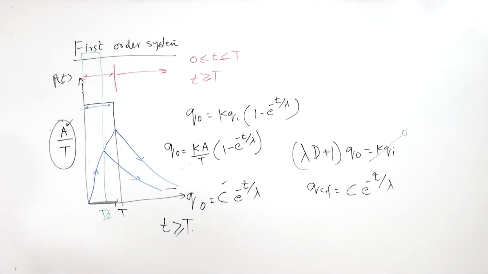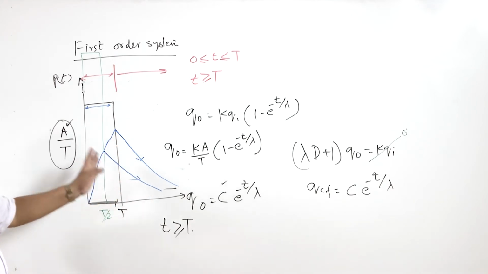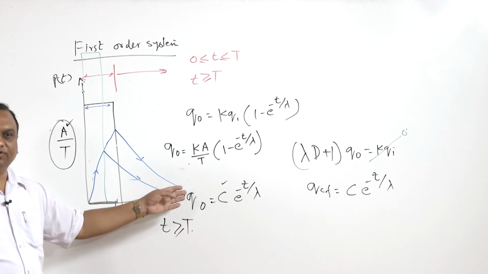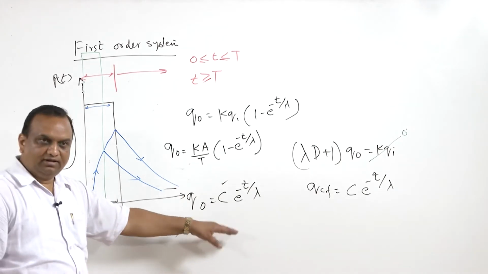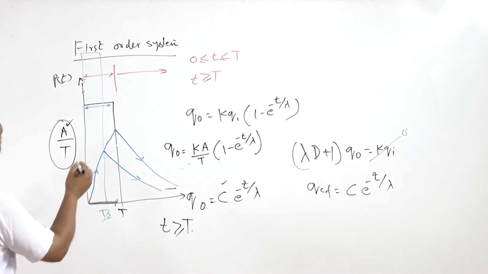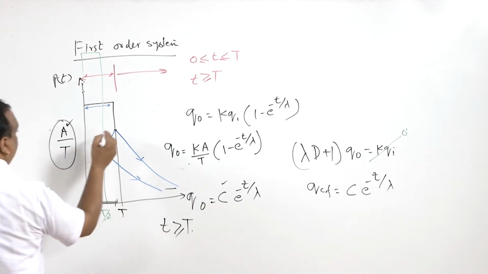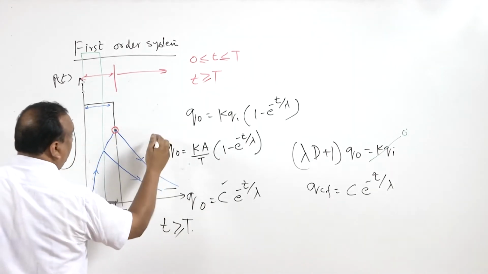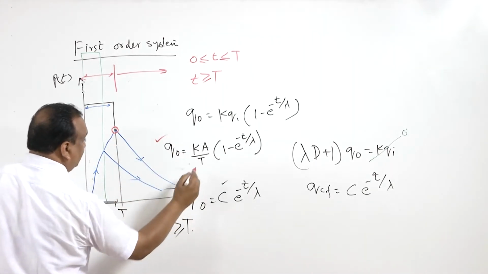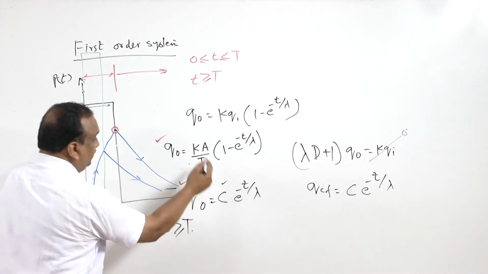and earlier we used to have boundary conditions, but here we have boundary conditions at infinite time. This output is going to be 0, but it will not be used here. So, in order to find c, at this particular point, both of these equations are valid. So, we will put t is equal to T and we will equate these two equations.